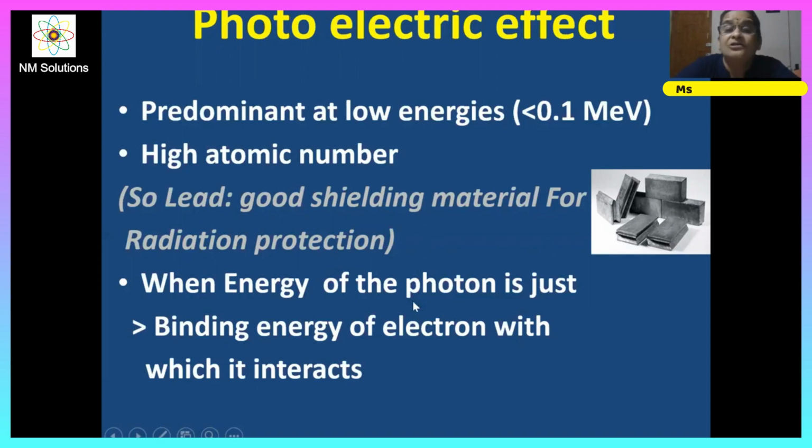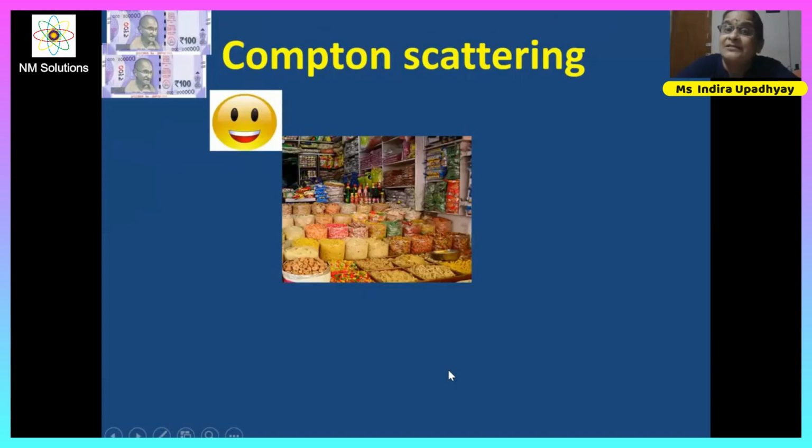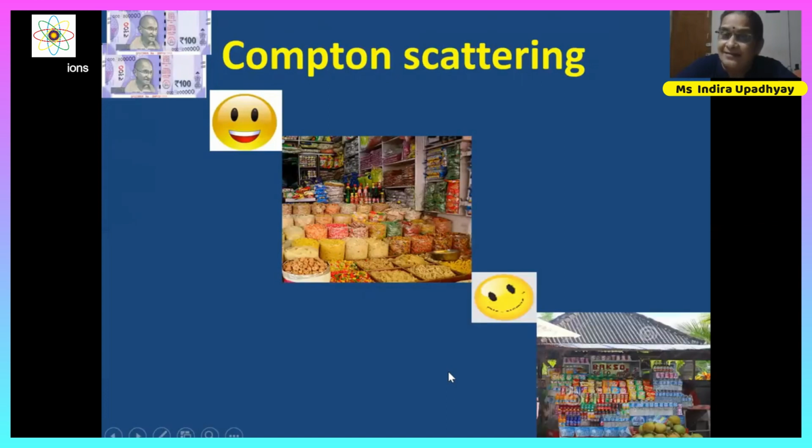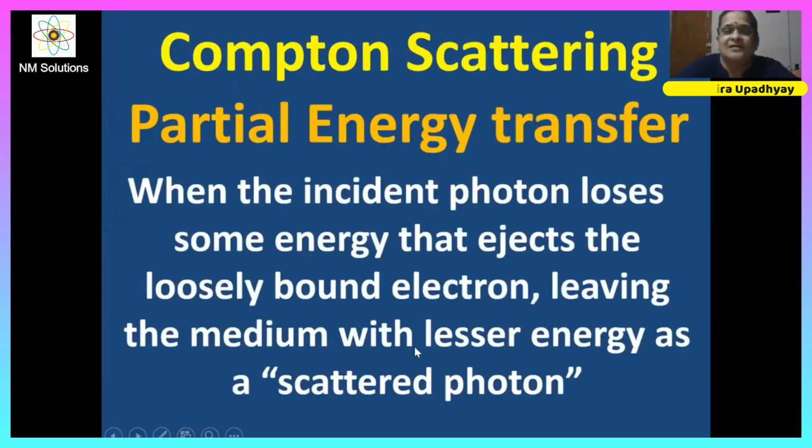Now, the photoelectric effect occurs when the energy of the photon is just more than the binding energy of the electron with which it interacts. Now, what is Compton scattering? It is the partial energy transfer when the incident photon loses some energy that ejects a loosely bound electron, leaving the medium with lesser energy as a scattered photon at a deflected angle.